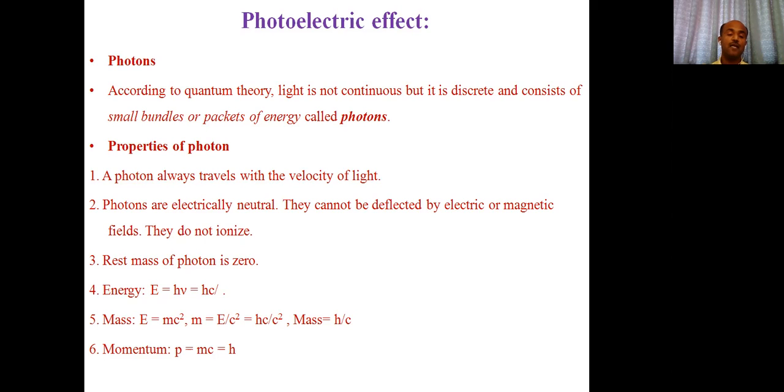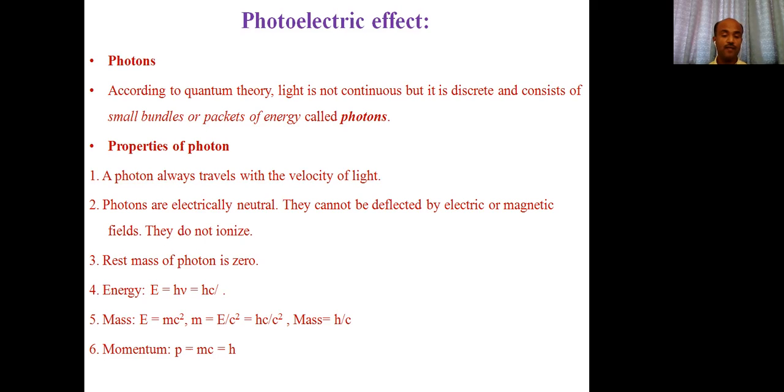The energy of a photon is calculated by the equation E is equal to h nu, or E is equal to hc upon lambda. The equation E is equal to mc square is also used to calculate the energy.